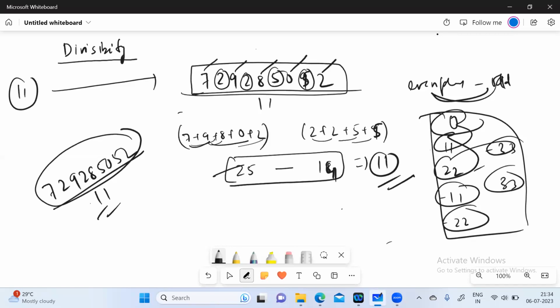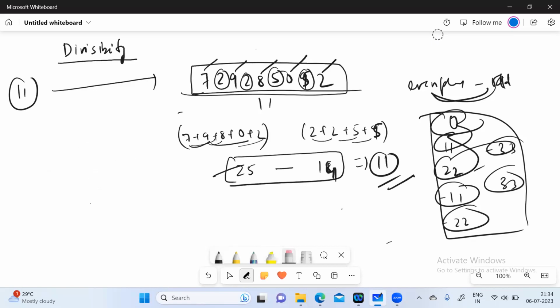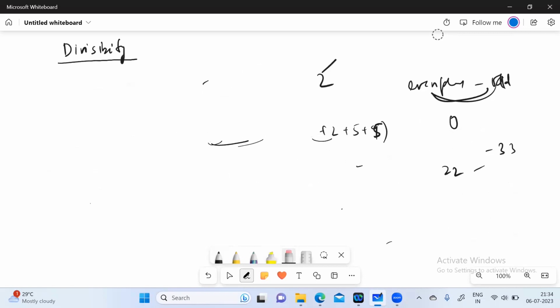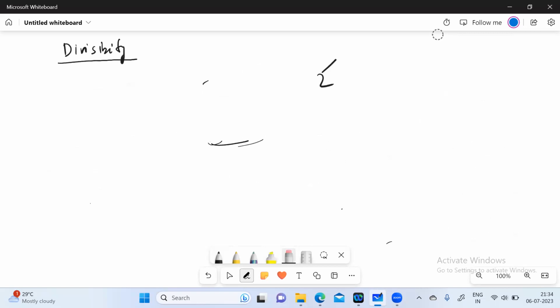Yes, sir. Okay, so now we'll go for the numbers which are composite numbers. Let's say we want to know whether a number gets divided by 6. When will a number get divided by 6? Such a number will be broken into two co-primes.